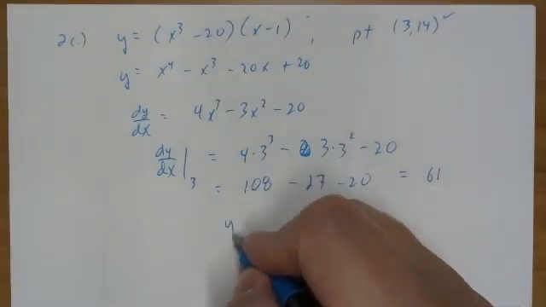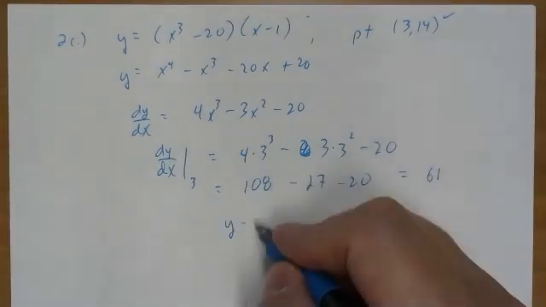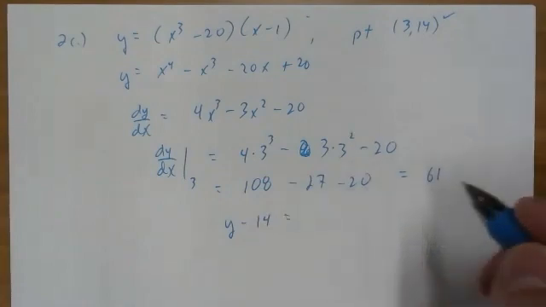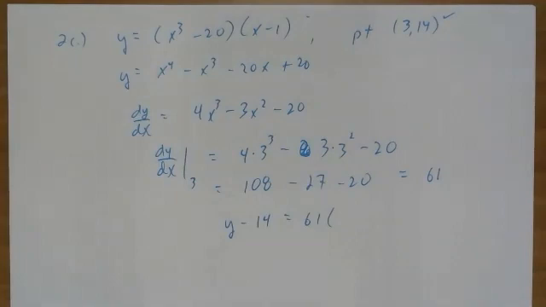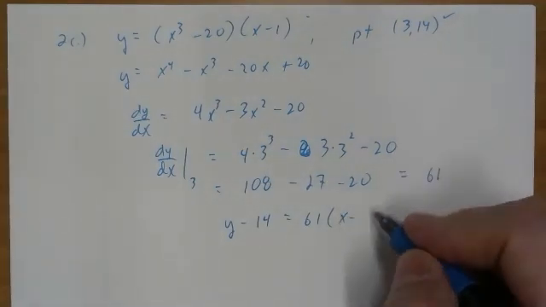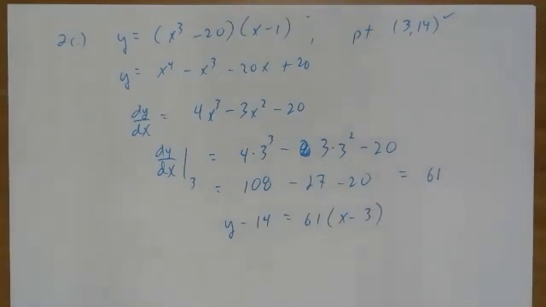So y minus y1, y minus 14 equals 61 times (x minus x1), x minus 3.